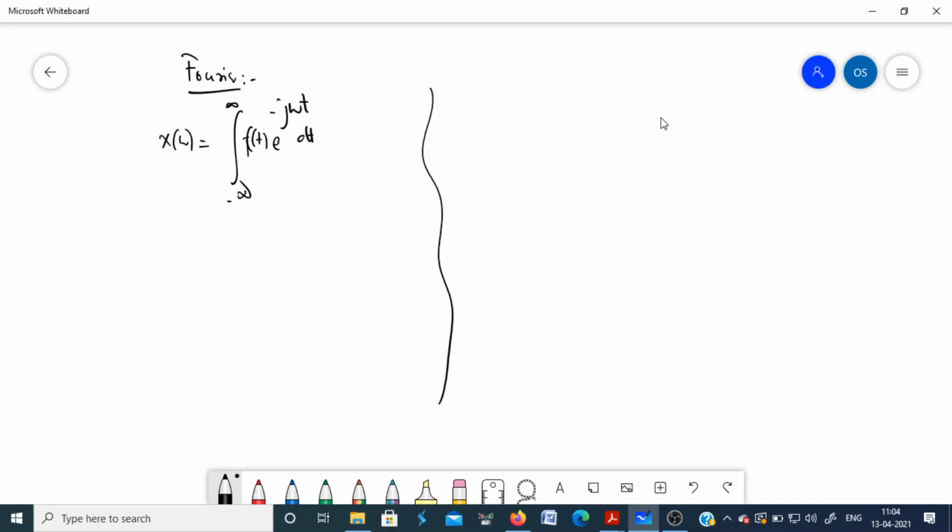We get the Fourier transform. So basically what we are doing is multiplying a function with a template, which we call a template or a basis function.